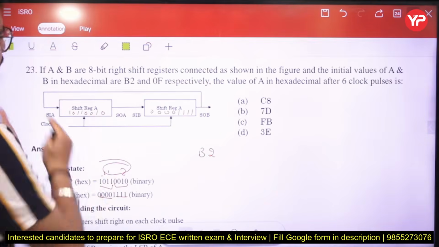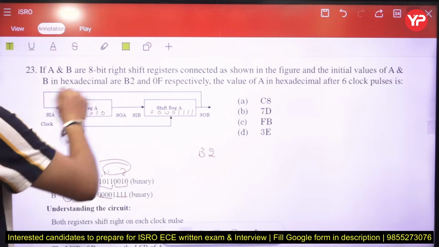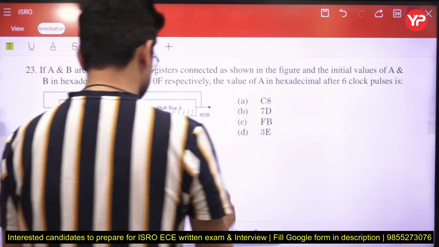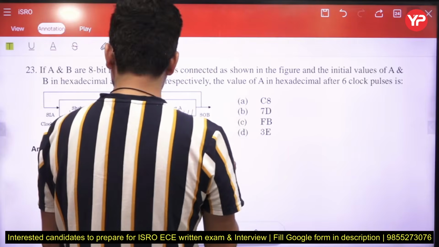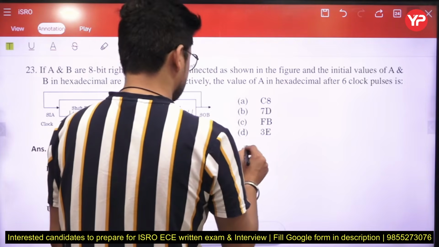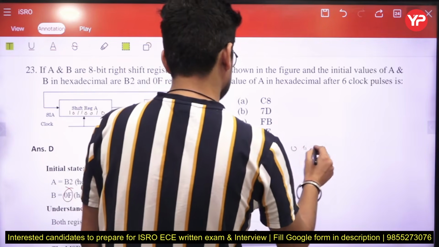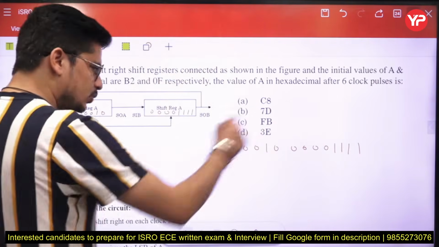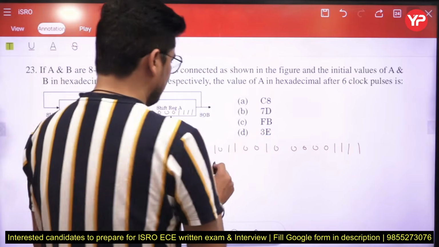When you apply the clock, these values are shifted towards the right and the last value will come first. So I am writing that here: before applying the clock, the content of the register looks like this.